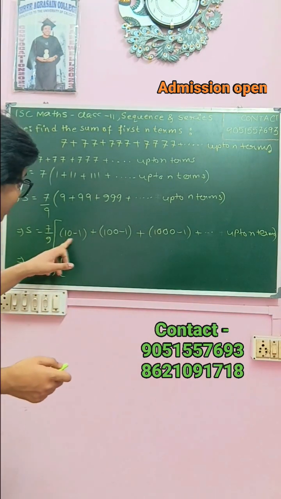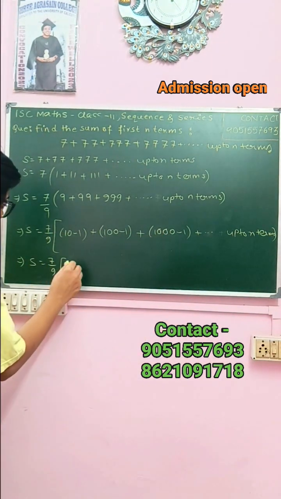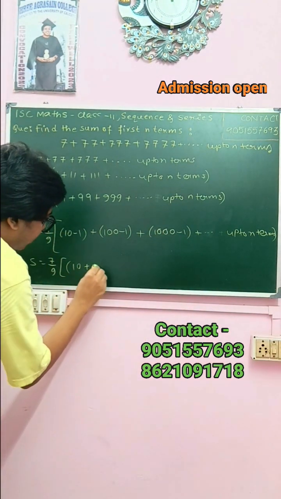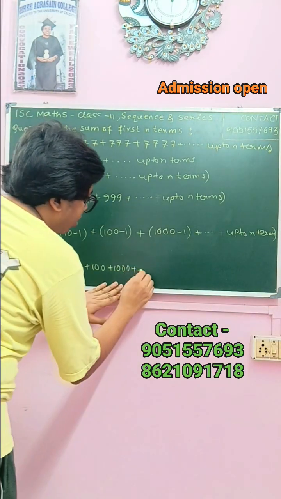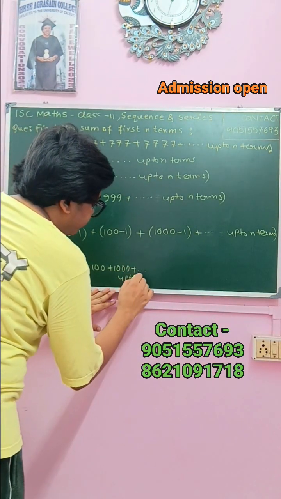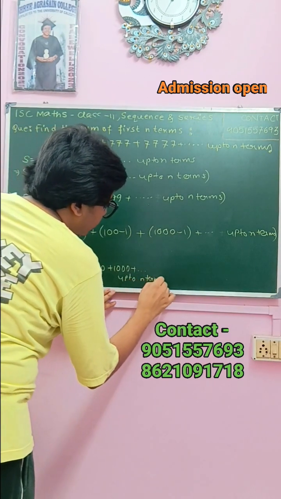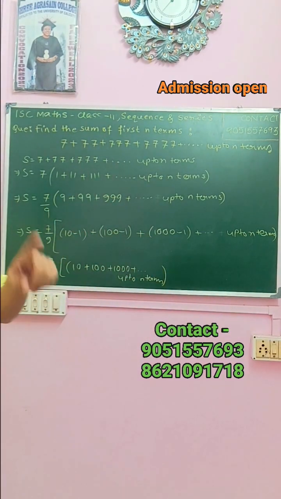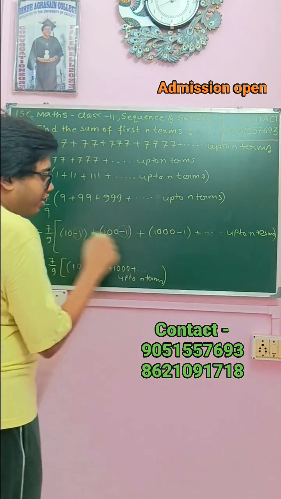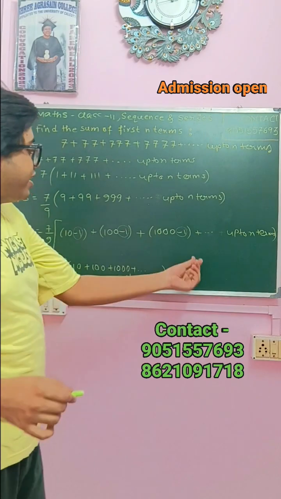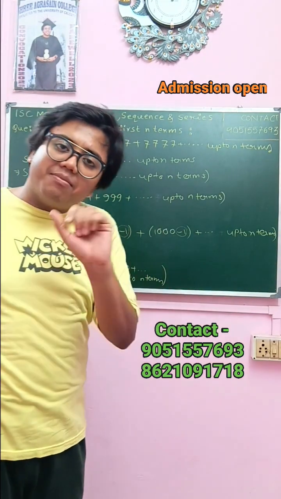Write all the multiples of 10 in one part, that is 10 plus 100 plus 1000 plus up to n terms, okay? Now see, there's a minus 1 common in each term. That means minus 1 going on till n terms.